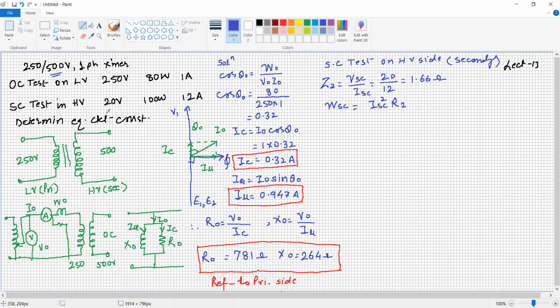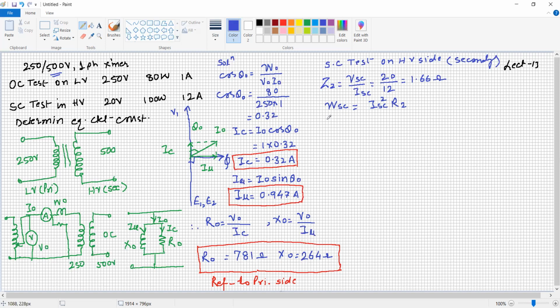And we already discussed that iron losses depend upon the voltage. So voltage is very small, so iron losses are negligible, or you can consider zero iron losses.